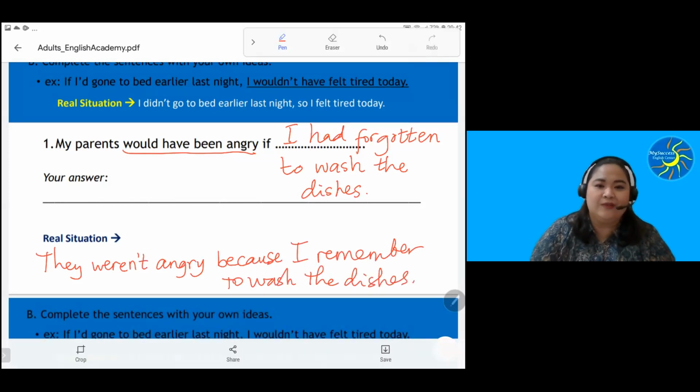Right, so what do you think? Do you understand that? Of course. It's not that difficult, right? After you learned all conditionals, then I think third conditional will be much better. Yeah? Okay.